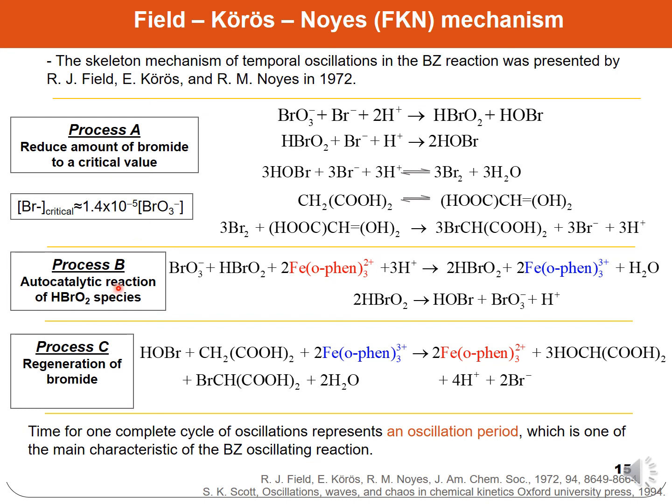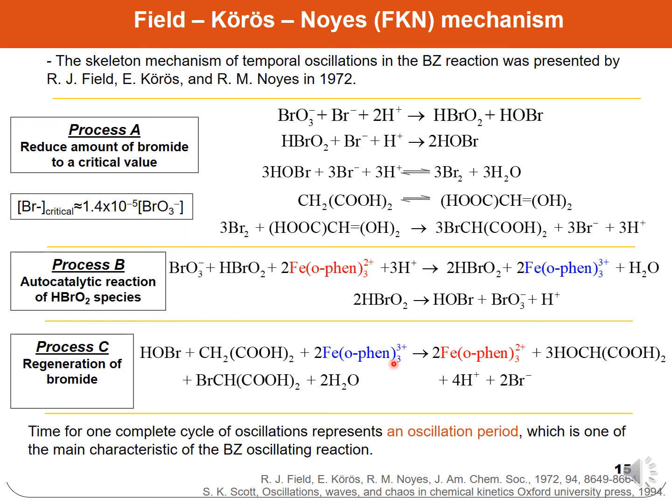You will see that in process B, the oxidation of the catalyst occurs. In process B, the color of the solution changes from red to blue. Then process C is the reduction of the catalyst.